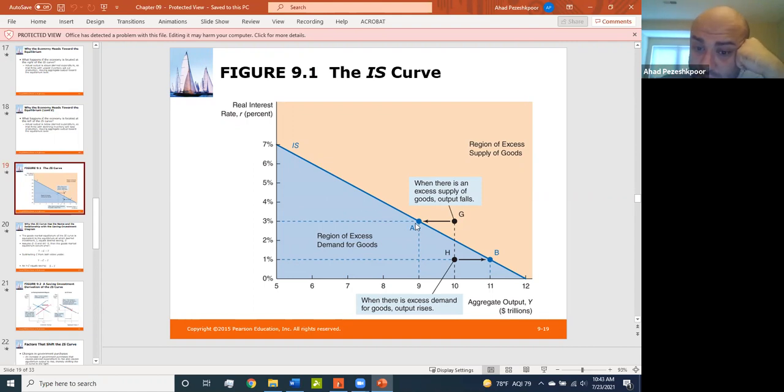What happens is that at 3%, you'll have a lot more customers. So you'll need to prepare 9 meals. If you're a restaurant owner, instead of 7 meals, you need to prepare 9 meals. If you're a country, instead of producing an aggregate output of $7 trillion, you need to move back on the IS curve and produce $9 trillion.